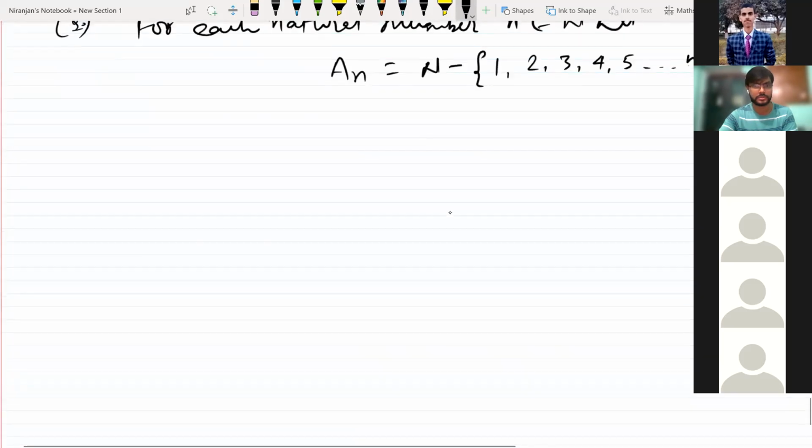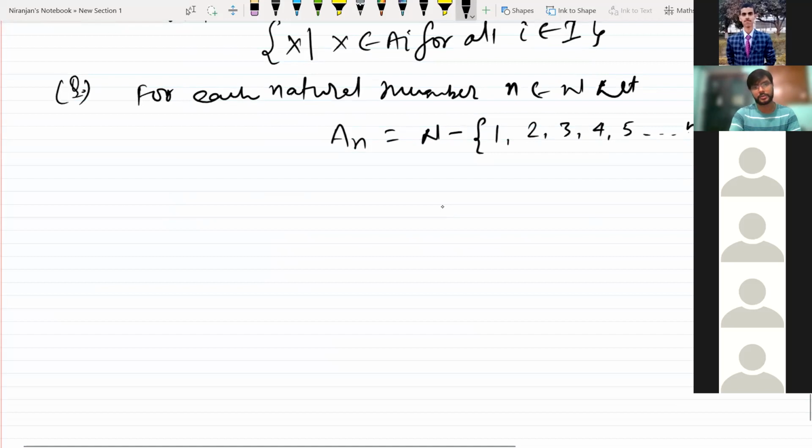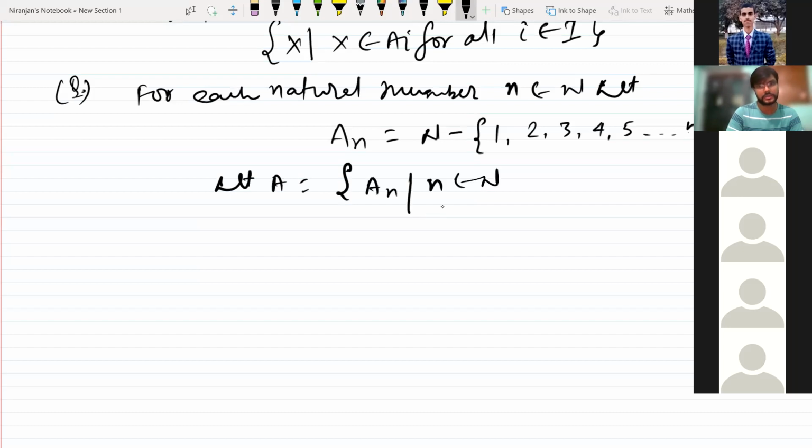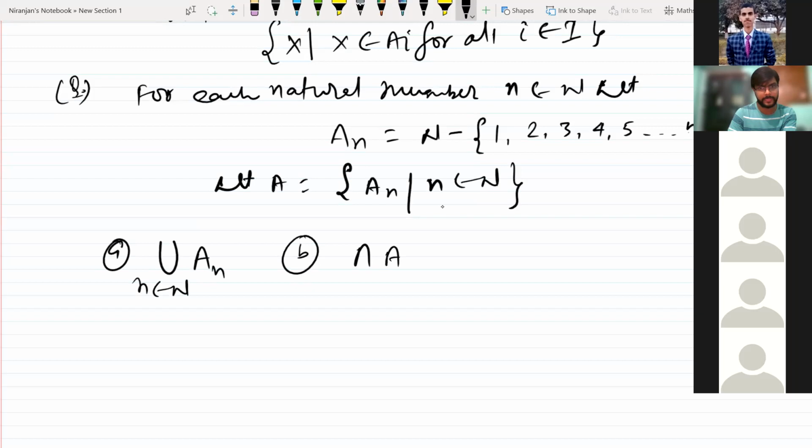Okay, good. So this is the question: A_n equal to N minus of this, and let A equal to A_n, n belongs to natural numbers. Now, what would be the union of A_n, n belongs to natural numbers, and what would be the intersection of A_n? Do this problem and let me know the answer.